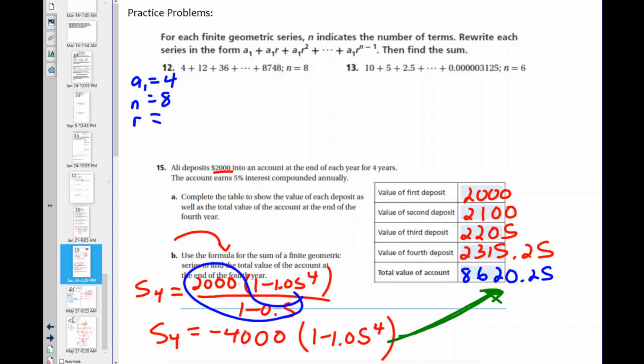Luckily on these, they gave you the number of terms. Like Yash, you see how they're giving you the first and the last, but they are giving you the number of terms, so you don't have to use that log formula. Yes and no. Just learn it anyways. Some might not.